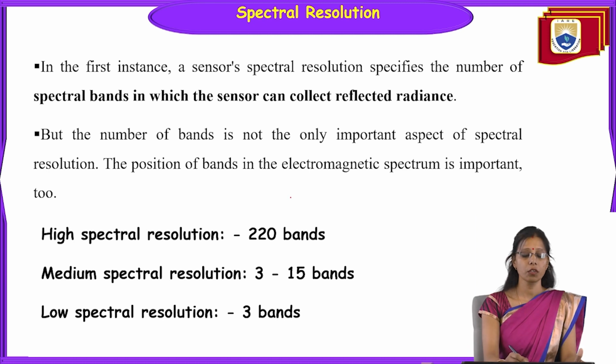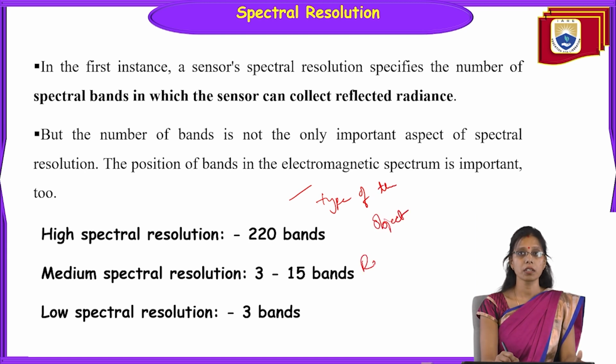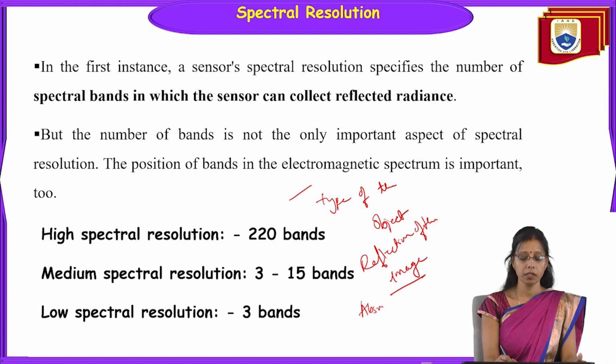So the spectral resolution means, depending on the type of the object, the reflection of the image or absorbance, it will show us how many bands it captures the information.